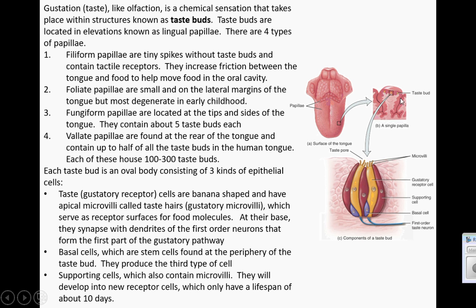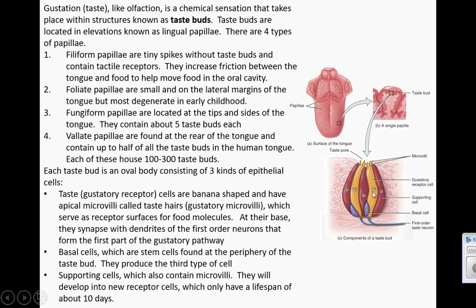And if you zoom in at one of them, you'll find inside our taste buds, which is what we're showing here on our figure on the right. Now, just like in our nose, at least in our olfactory epithelium, we have 3 cells. We have the actual receptor cells. We call these taste cells or gustatory receptor cells. These are the yellowish orange shaded cells.